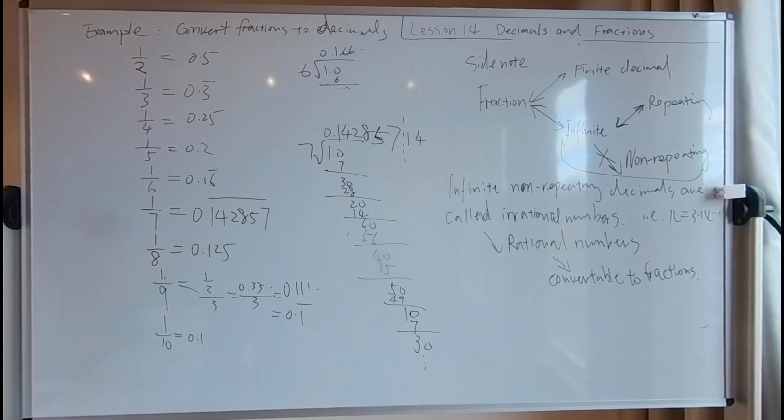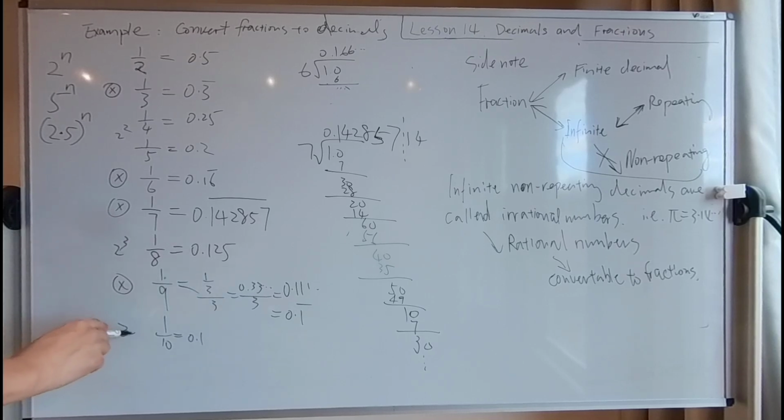And you can see that some of the results are finite, some are infinite repeating. If I take out the infinite repeating outcomes, you can see a pattern: unless your denominator contains a power of 2, or a power of 5, or a product of powers of 2 and 5, right? 4 is 2 squared, 5 is 5, 8 is 2 cubed, 10 is 2 times 5.